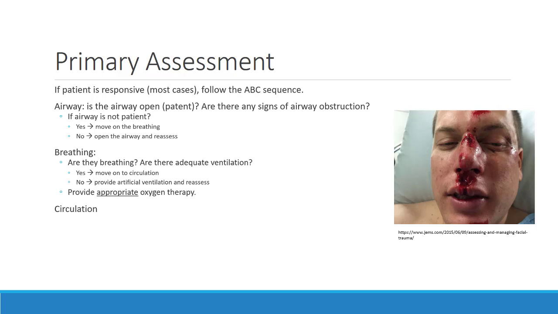As we move on to circulation, we control any major bleeding that we see, such as in the earlier picture with the gentleman with the bleeding from the arm, or then the other picture with the bleeding from the leg. We check for a pulse. Do they have a pulse or don't they have a pulse? We assess skin color, temperature, and condition. This is going to tell us if circulation is adequate.